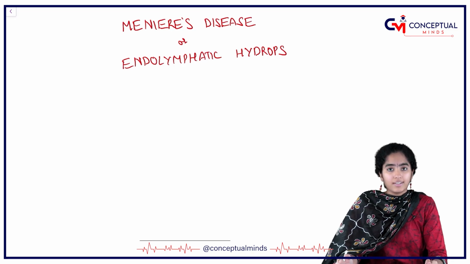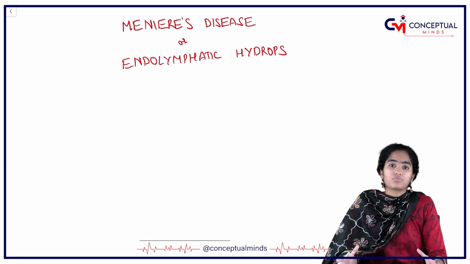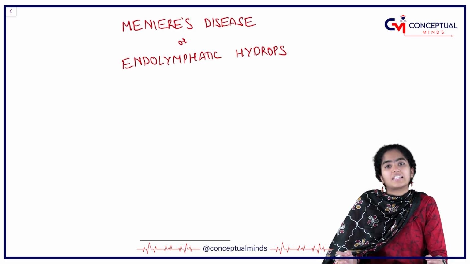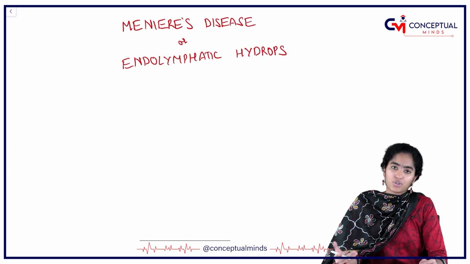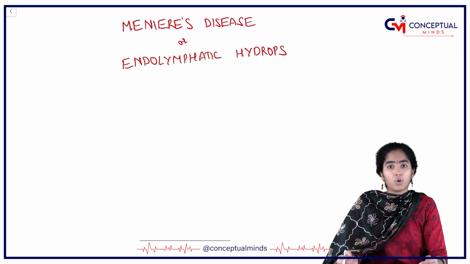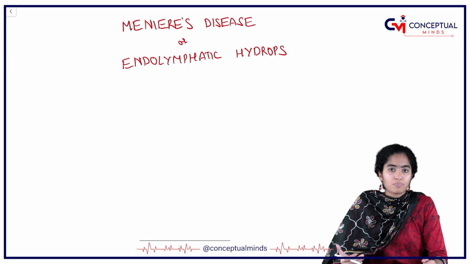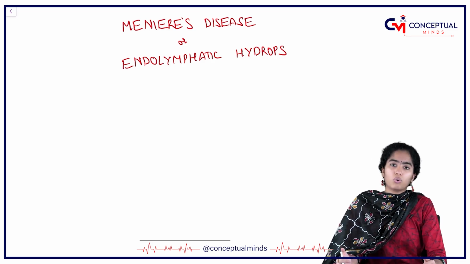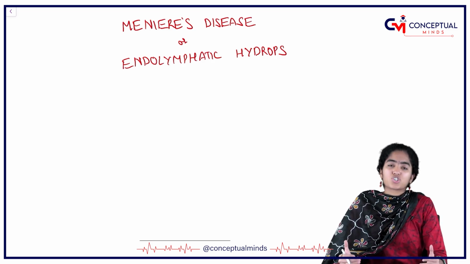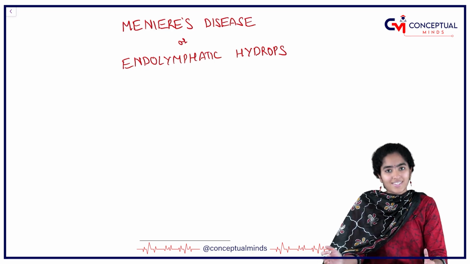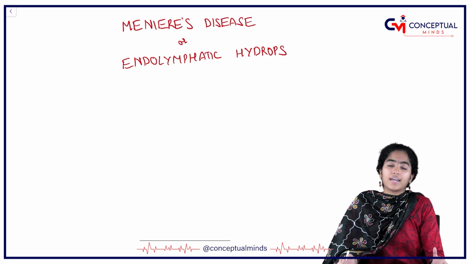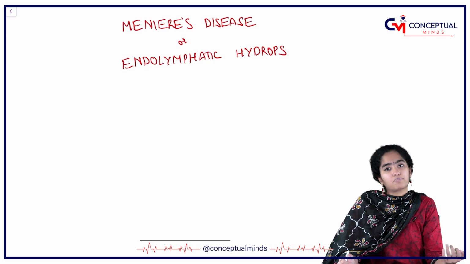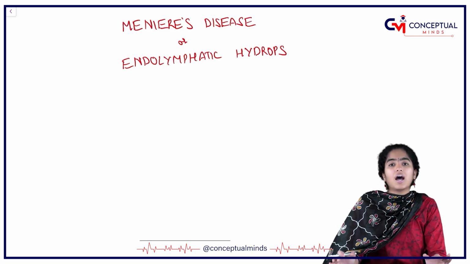According to the radial theory, the endolymphatic sac is just a vestigial structure because the stria vascularis is doing the job of both production and absorption of endolymph fluid. But let us go with the longitudinal theory, which says that the stria vascularis produces endolymph and the endolymphatic sac reabsorbs endolymph, for our understanding.